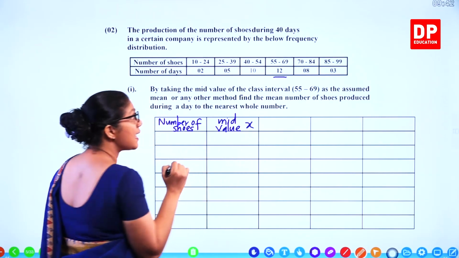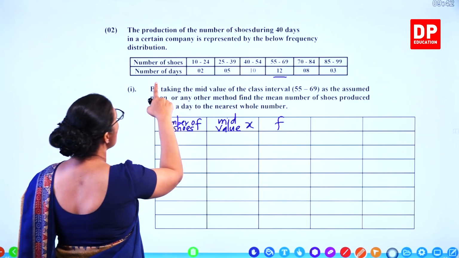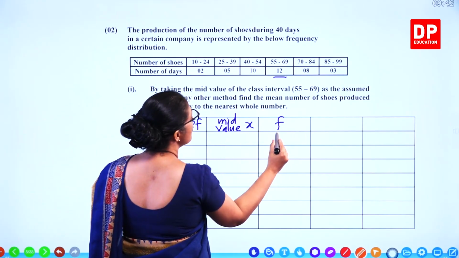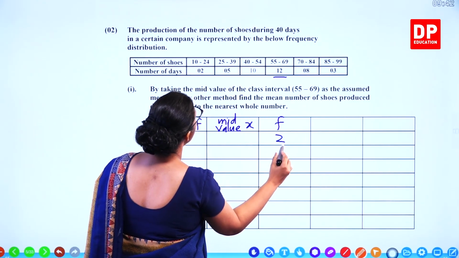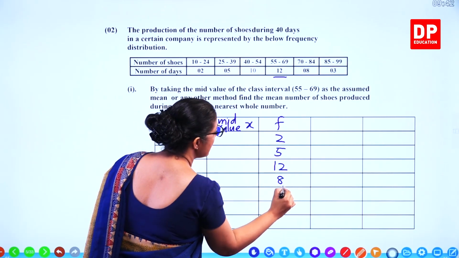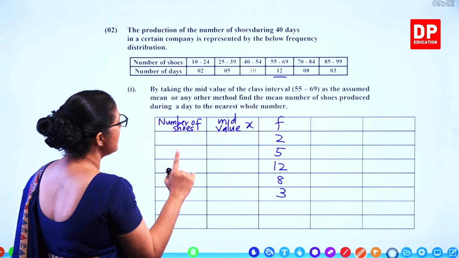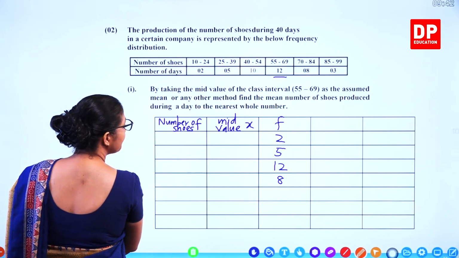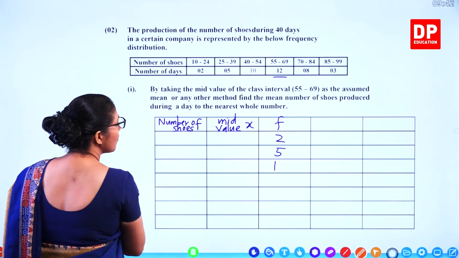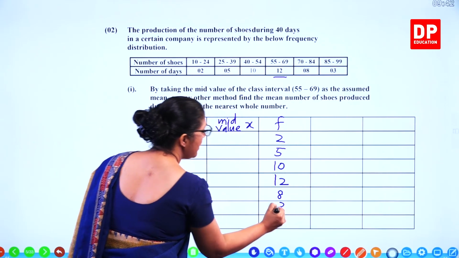So we'll take x, and then the frequency, that means the number of days: 2, 5, 10, 12, 8, 3.